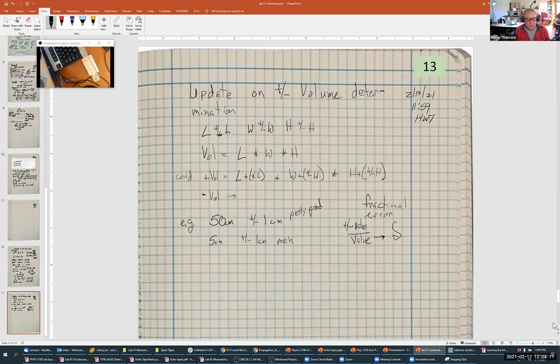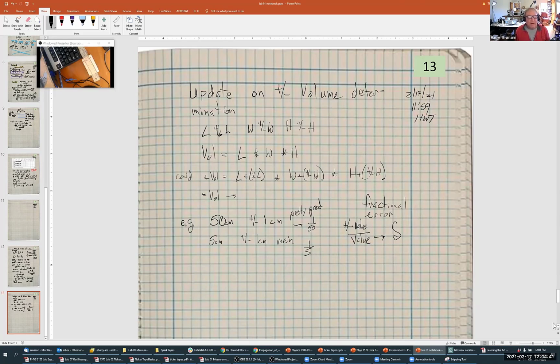So if we look at the fractional error, 1 over 50 or 1 over 5, now we can obviously see that this is a much better measurement. That's a good point. I need to motivate that one.